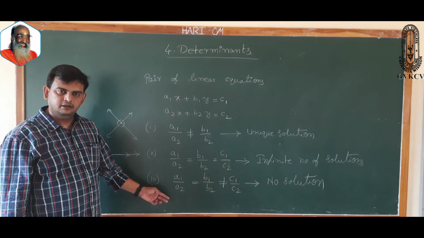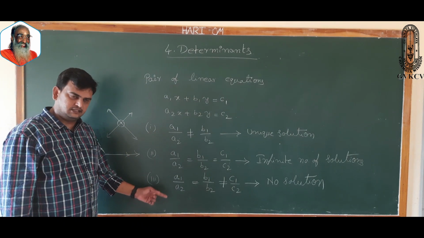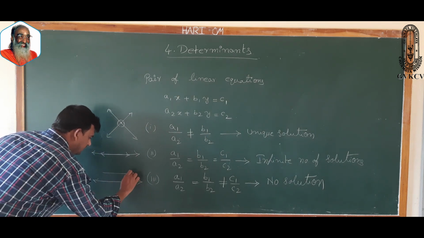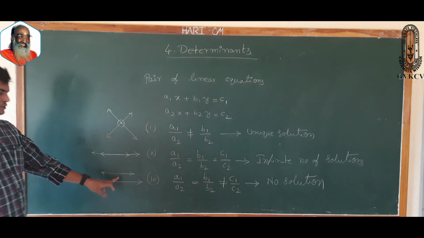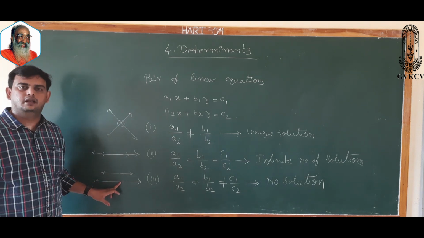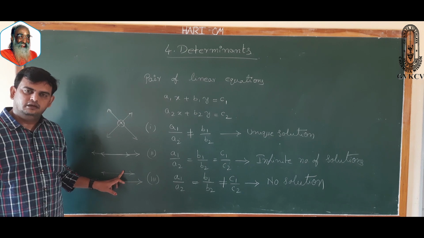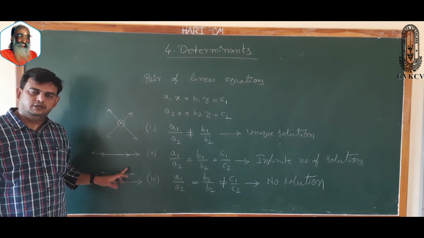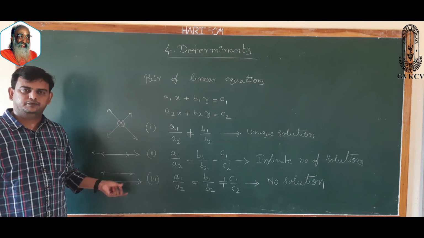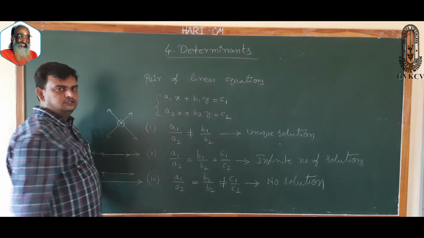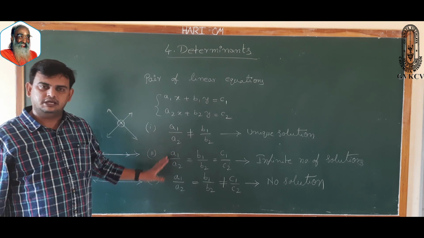Why did it happen? Whenever this condition holds, this is line 1 and this is line 2, so both lines are parallel. Parallel lines never intersect, and if they never intersect, we can't get any solution. So to solve any two equations, we have three cases.